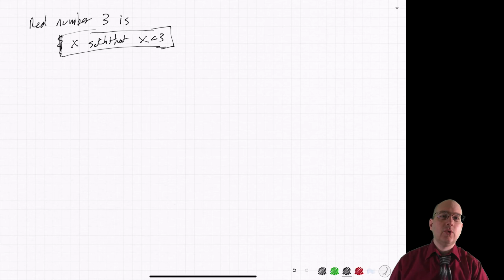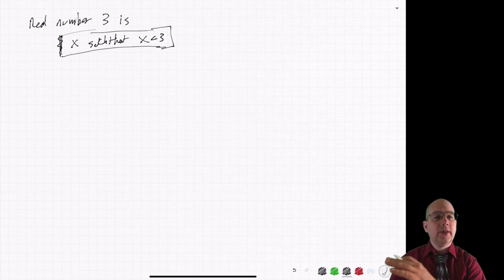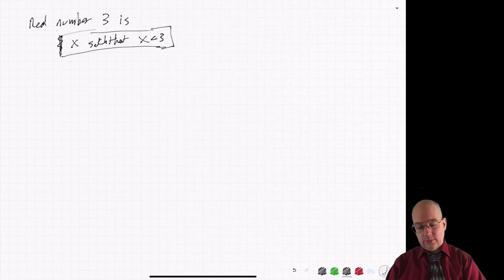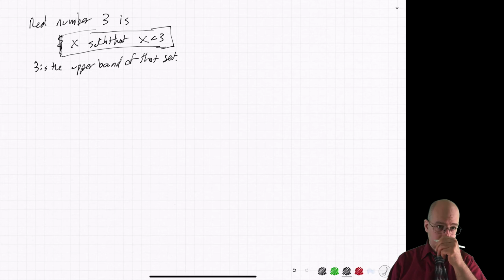So you get everything going all the way up to 3, as close as you can get, but not actually including 3. And that's what 3 represents. So 3 is like the upper bound of that set. All right. So that's basically what a real number is.